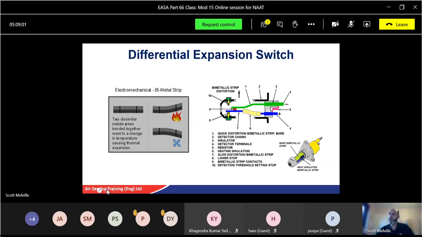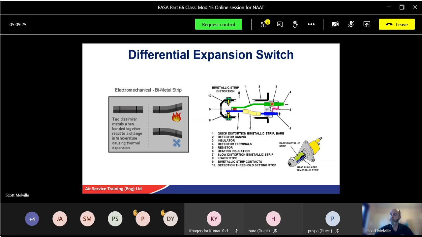Differential expansion switch, a similar sort of idea, except you've got two types of metal, called a bimetallic strip. The other one will be a heat insulated bimetallic strip. Usually you've got Invar and steel, so one of these strips will be steel, one will be Invar. So two different types of metal.